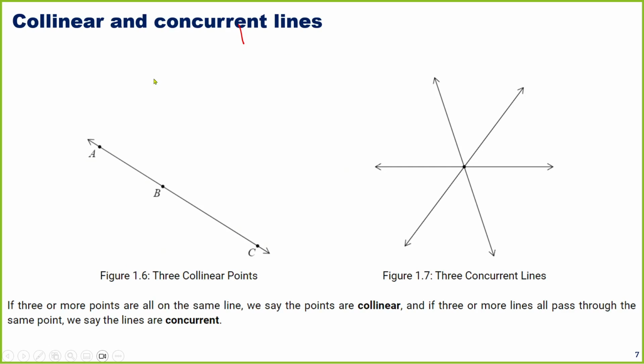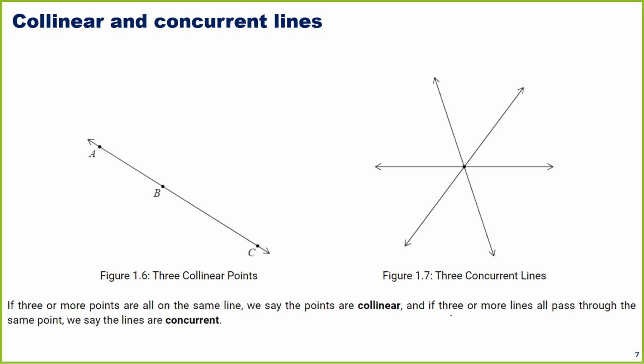There are two trivial concepts which are collinear and concurrent lines. If three or more points are all on the same line, we say these points are collinear. For example, on the left diagram, we can say points A, B, and C are collinear.